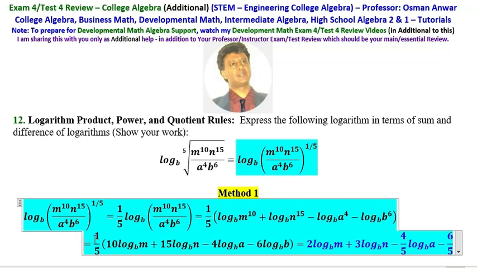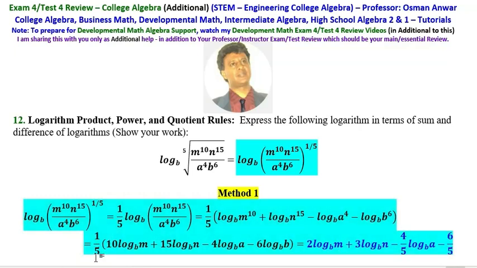Then this is equal to 1 over 5. Then bring the 10 down, that is 1 over 5 open parenthesis 10 log base b of m plus 15 log base b of n minus 4 log base b of a minus 6 log base b of b.